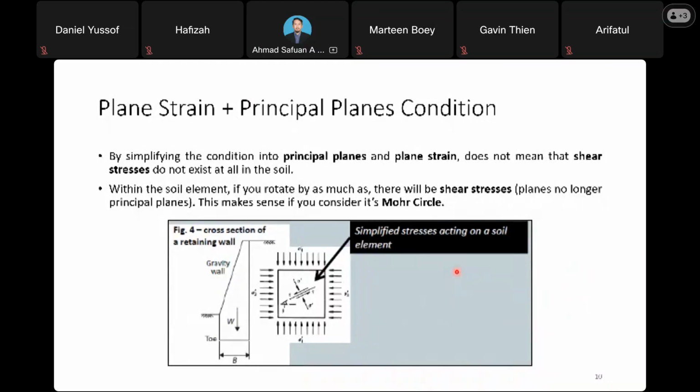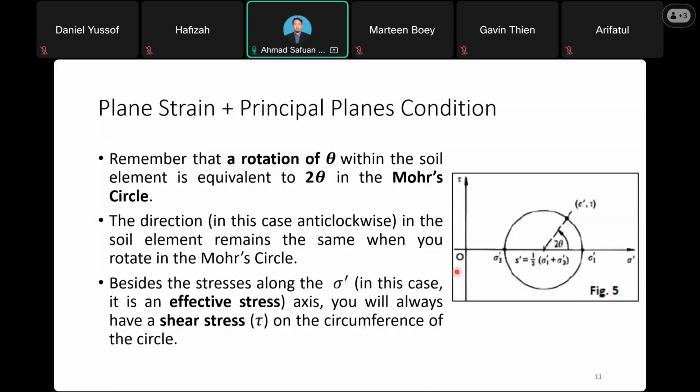So this is a typical Mohr-Coulomb circle. Based on the Mohr circle, the rotation of theta within the soil element is equivalent to 2 theta in the Mohr circle.